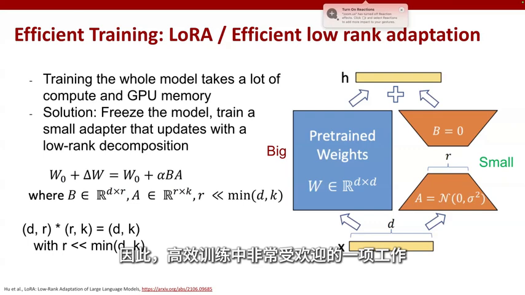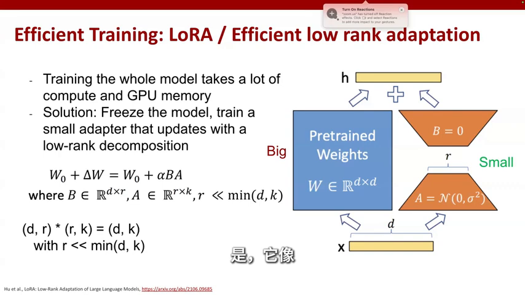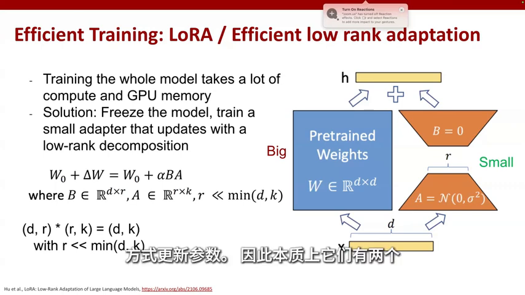One very popular work in efficient training is efficient low rank adaptation, which is called LoRA. The motivation is that training the whole model takes a lot of compute and a lot of GPU memory. So the solution they introduced is that they freeze the whole model, and then they train a small adapter that updates the parameters in a low rank manner.